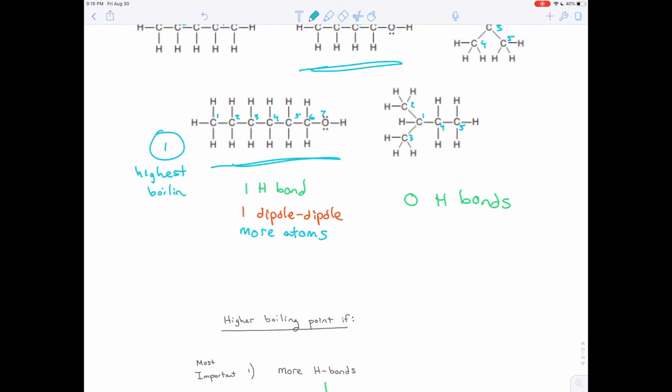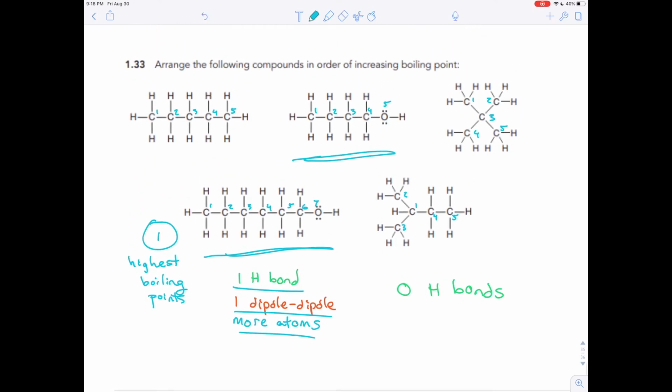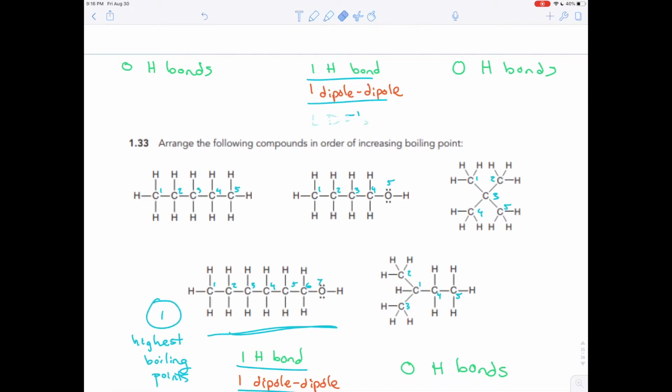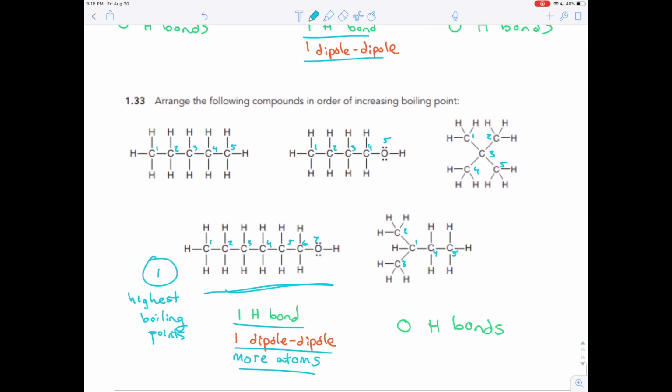Those molecules, if you have those in a beaker, would be sticking together through hydrogen bonds, dipole-dipole interactions, and more London dispersion forces than this other one would have, even though that other one also has hydrogen bonds, dipole-dipole interactions, and London dispersion forces. Okay, so that one at the bottom left is the highest boiling point.